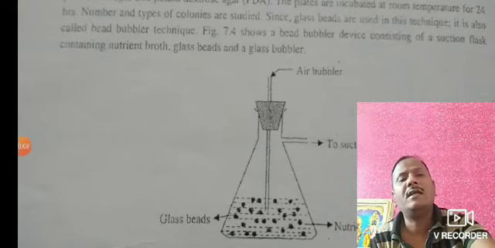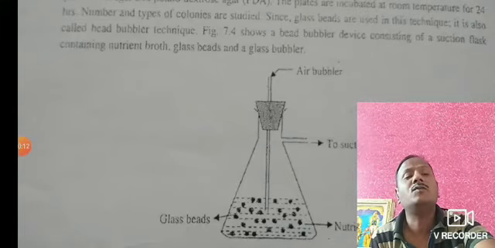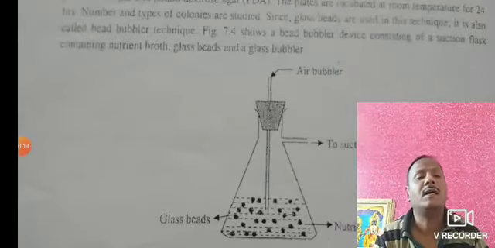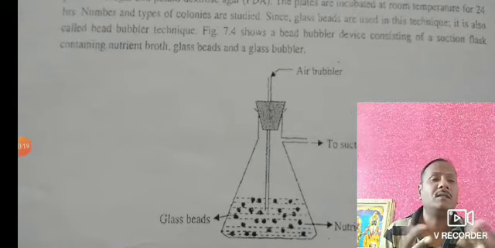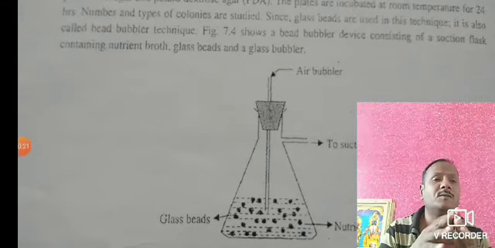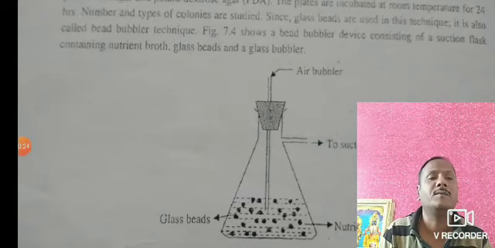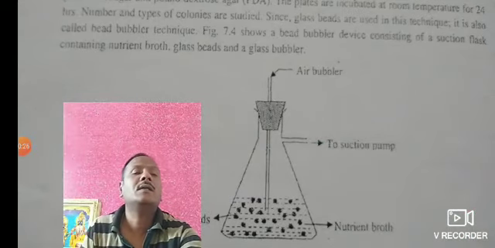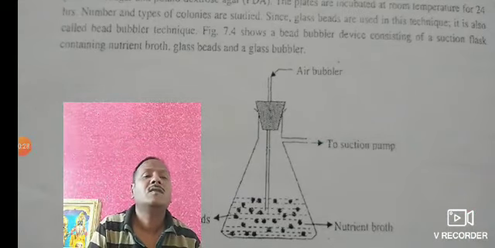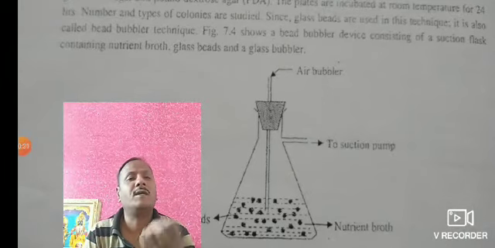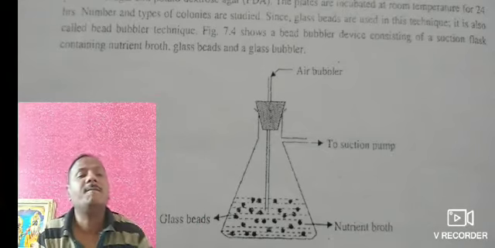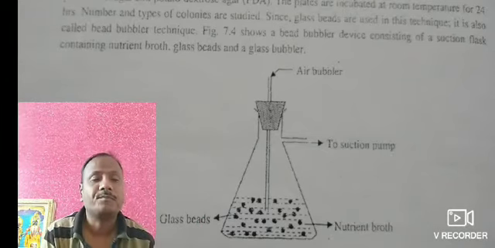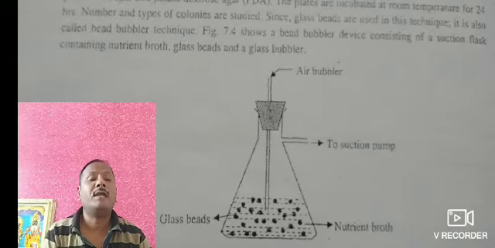So what happens is the pressurized air comes inside the liquid nutrient medium, and due to the glass beads, the air or oxygen which comes from outside is spread into the liquid medium. And this one is the suction pump. The suction pump generally draws the air from the upper surface, and there is bubbling inside the nutrient broth.